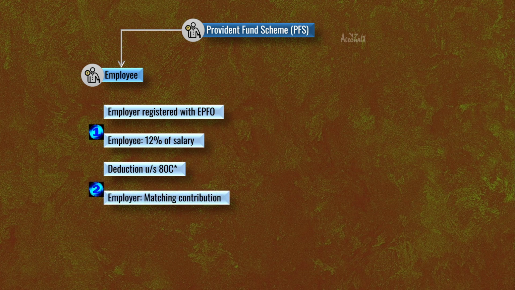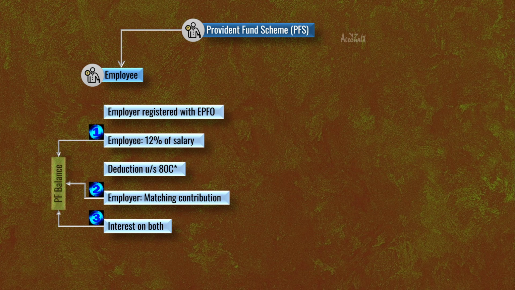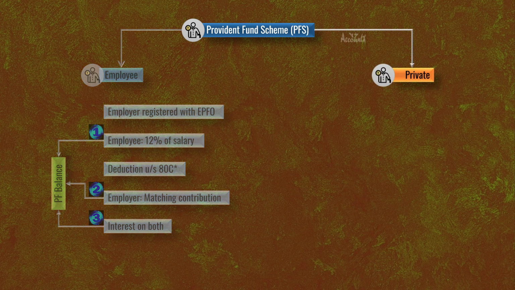Then your employer makes a matching contribution and you would be earning interest on both these contributions. These three, that is your contribution, your employer's contribution and interest on both these contributions together would be your PF balance.